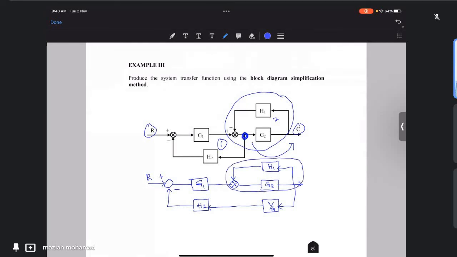So try to use the equation, try to combine it. The sign is minus, this one is plus.